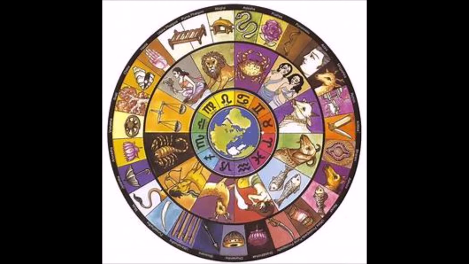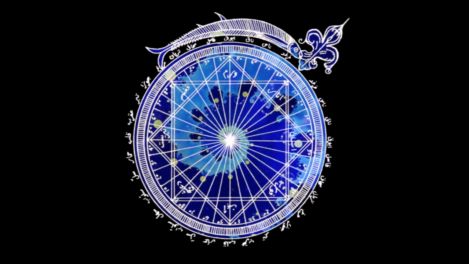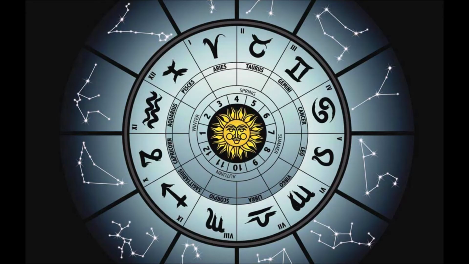We understand that there is a cycle to our lives, and we have an expectation of what we are supposed to be, roughly at least, in each month, and in each season, and each quarter.